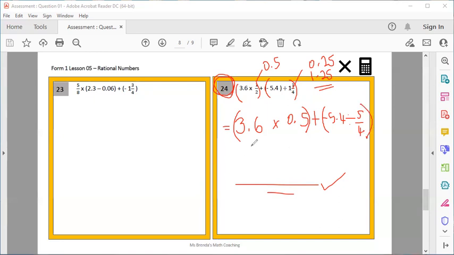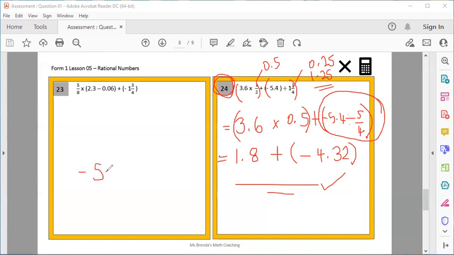Okay, remember multiplication and division comes first. So 3.6 times 0.5, it's 1.8. Okay, this is 1.8 plus, on this side of the bracket, negative 5.4 multiplied by 4 and divided by 5. Flip-flop. And you should get negative 4.32. I hope you understand how to do this.